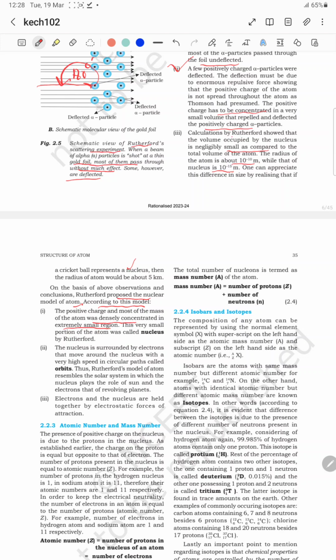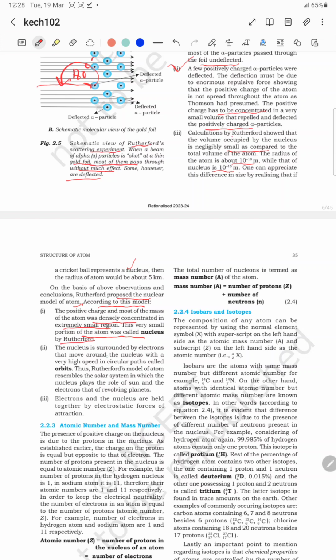This very small portion of the atom was called nucleus by Rutherford. तो ये मॉडल्स जो अल्टीमेटली जो कंक्लूजन आया और उसका क्या मॉडल हम एक उसको रिप्रेजेंट करेंगे, कैसे एक्सप्लेन करेंगे कि रदरफोर्ड ने क्या जो कंक्लूजन निकाला उसको हम फ्यू पॉइंट्स में कैसे डिस्क्राइब कर सकते हैं.